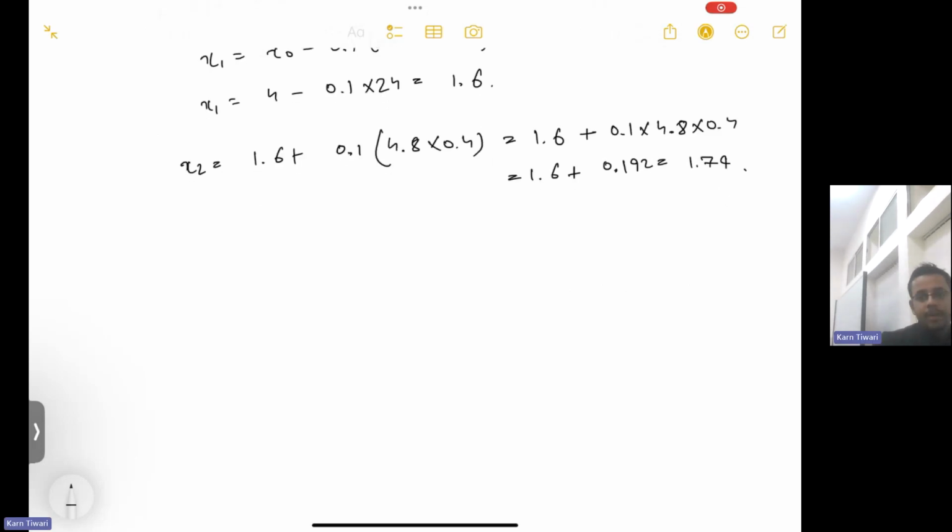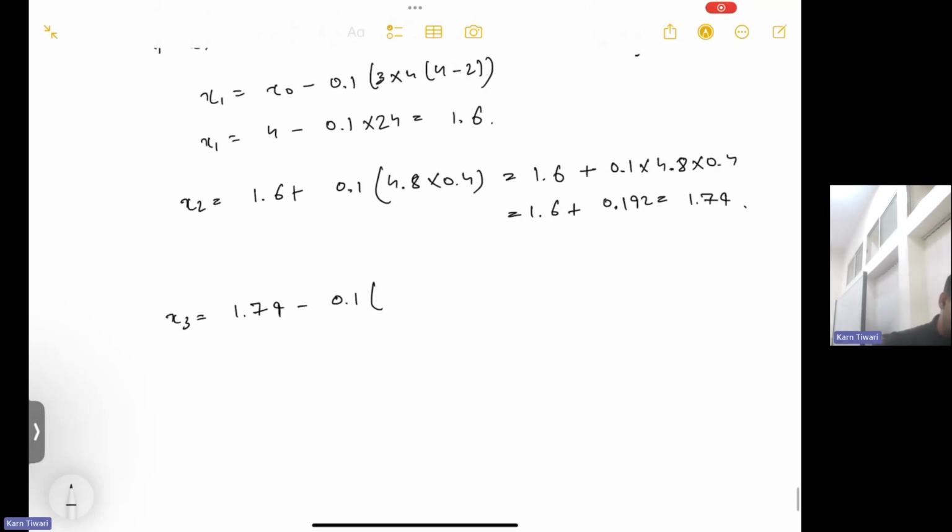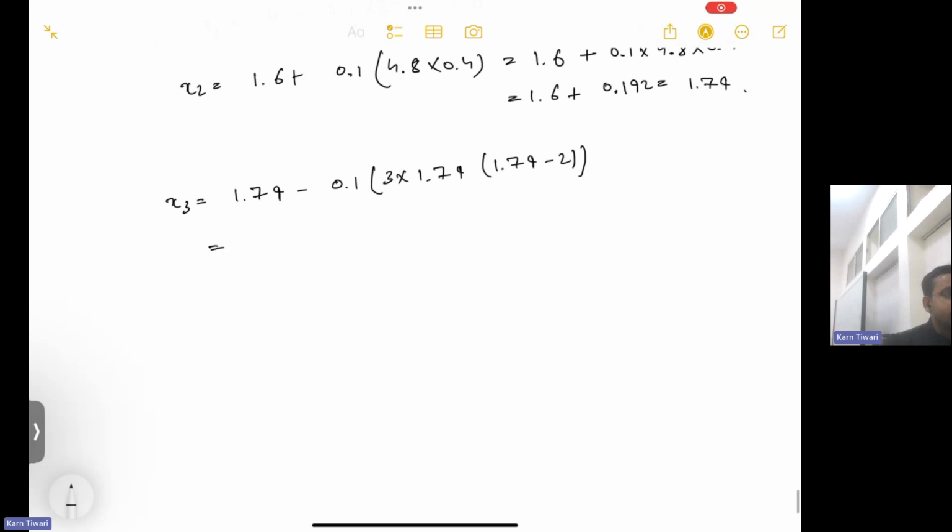Now for the third update, we need to do x3. It is again x2, that is 1.79, minus 0.1 times 3 times 1.79 times 1.79 minus 2. Okay.